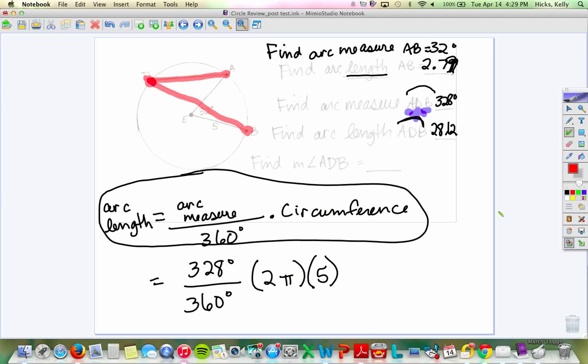Well, what kind of angle is that? Is it an inscribed angle or a central angle? It is an inscribed angle, which means it's going to be half of the measure of this arc right here. Well, we know the measure of that arc. We already found it. It was 32 degrees. This is a 32-degree arc. So half of 32 is 16. So our answer for the measure of the angle ADB is 16 degrees.